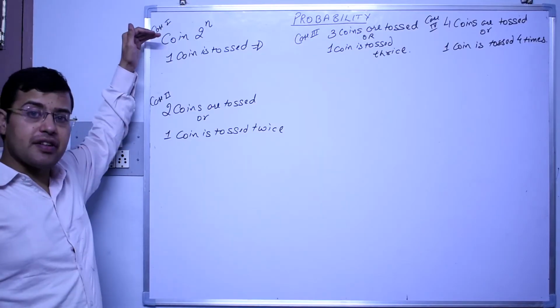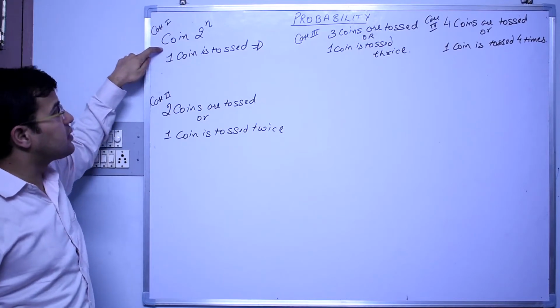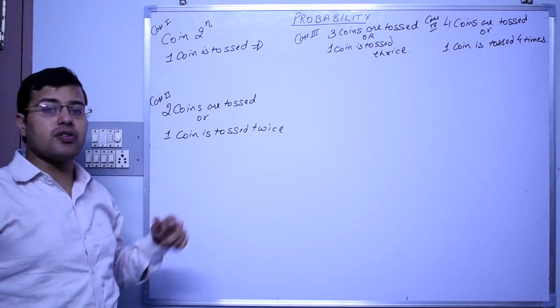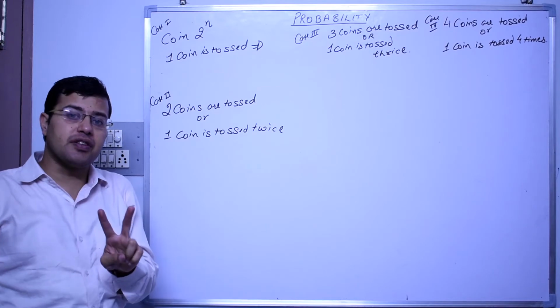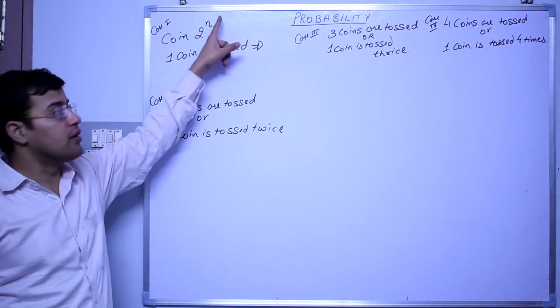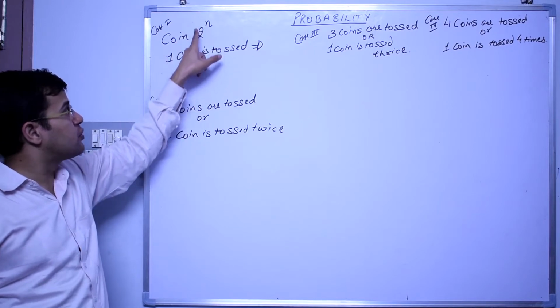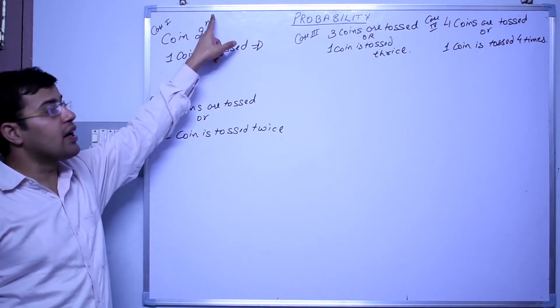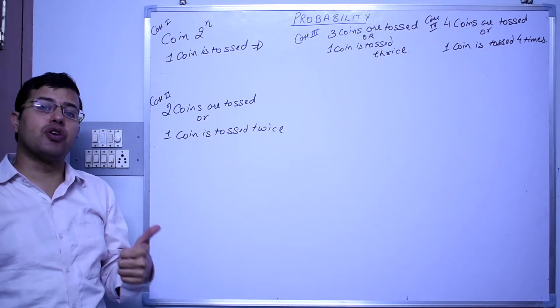Yes, as we were discussing the cases, the first case is tossing of a coin. Since a coin has two faces, the total number of outcomes will be 2 raised to the power n, where n represents either the number of coins tossed, or the number of times one coin is tossed.